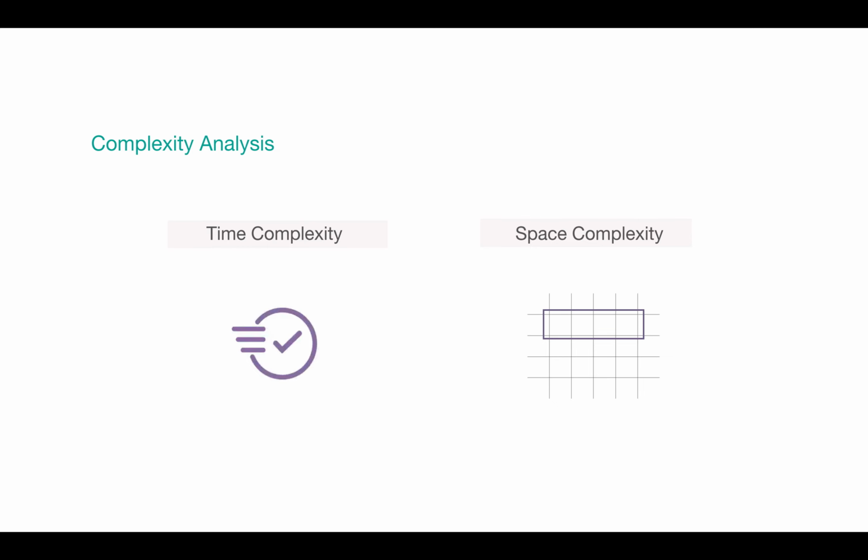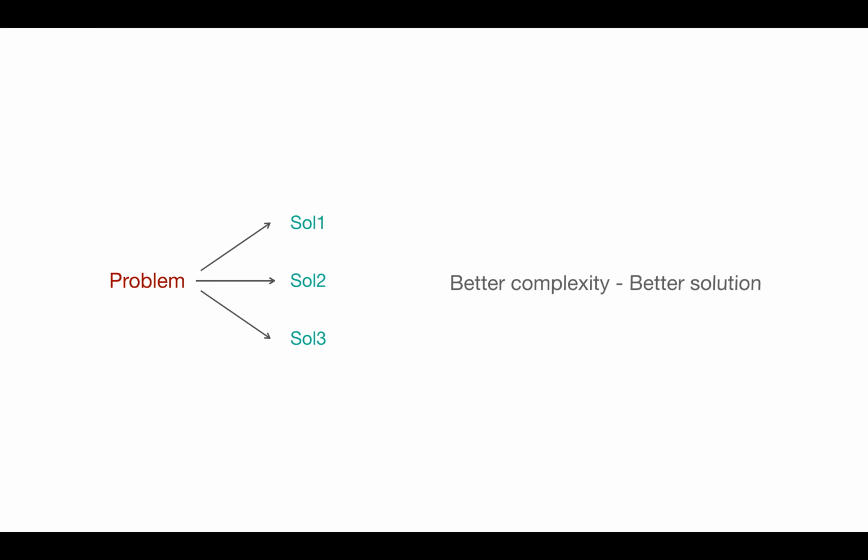For now, just remember, an algorithm having better complexity is a better solution. Though some algorithms may have better time complexity but are not good in terms of space complexity, or vice versa. It just depends on the problem or situation and how you want your code to work.